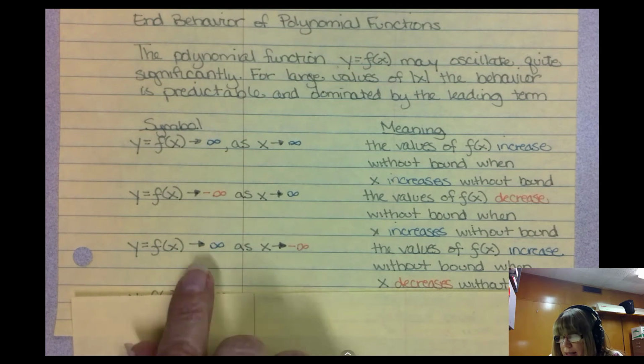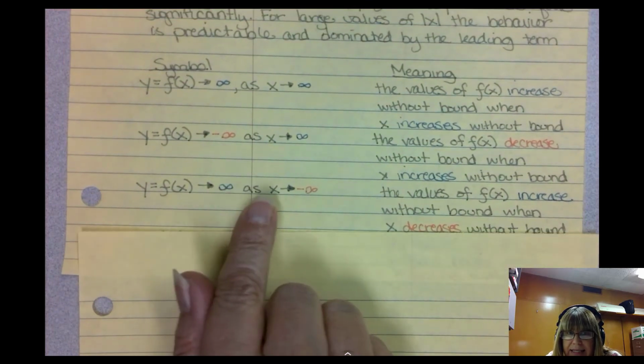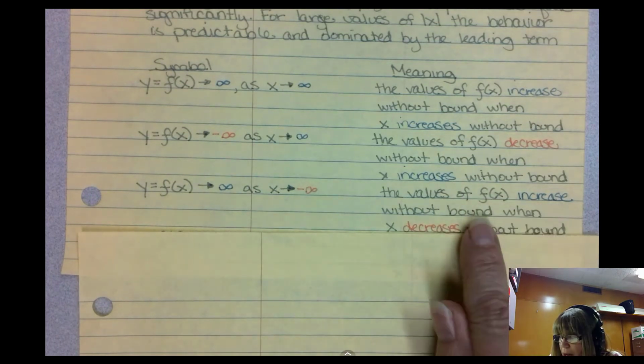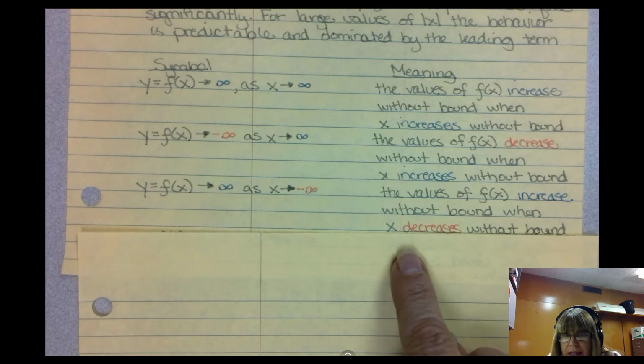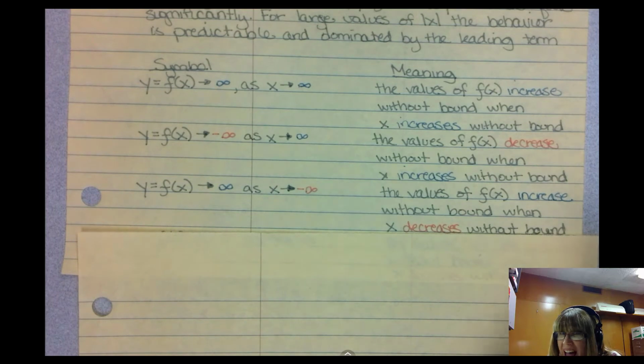All right, f of x approaches infinity as x approaches negative infinity. That just means the values of f of x increase without bound when our x decreases without bound. Remember, we have to keep in mind that our domain is from negative infinity to positive infinity, so it is without bound.